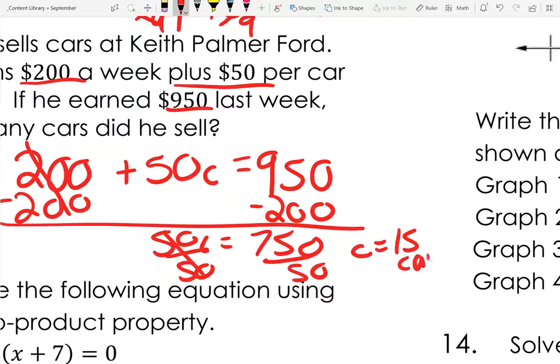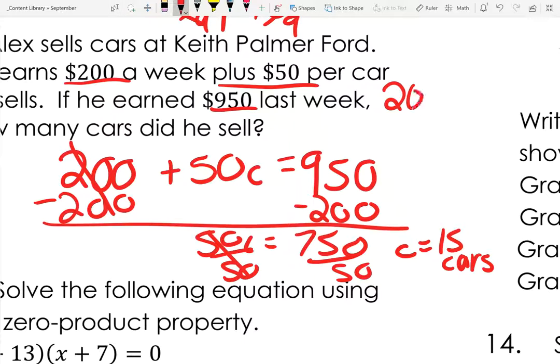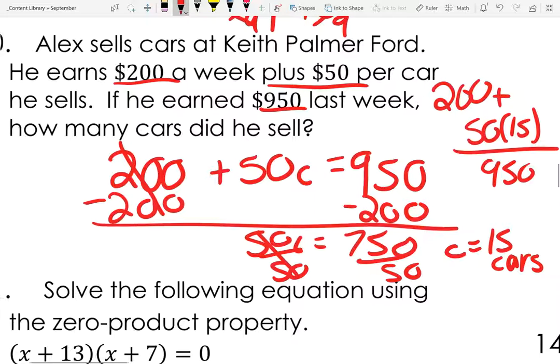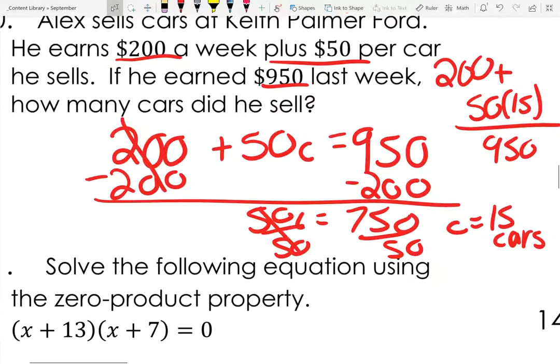So 15 cars he sold. And you can see if that makes sense, right? $200 plus $50 times 15 cars that he sold. And you can do the math and you can see, does that actually come out to 950? Yes or no? And it should. If I did it right, it should. If it doesn't, then we did it wrong, but I'm pretty sure that's right.